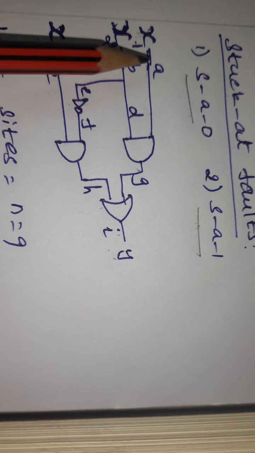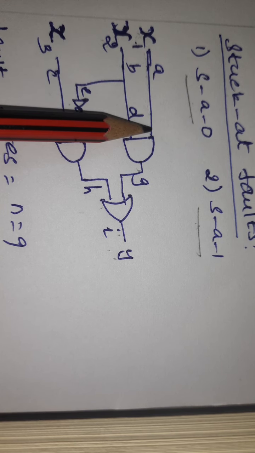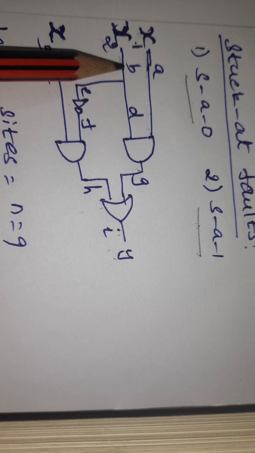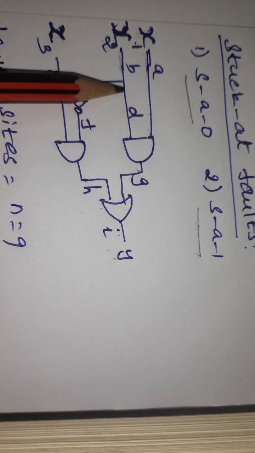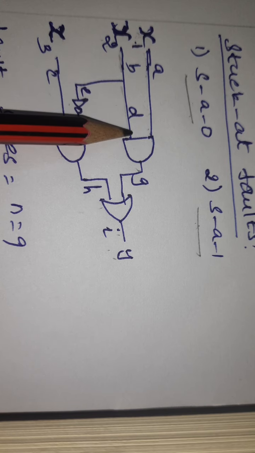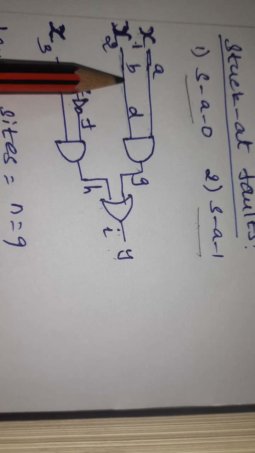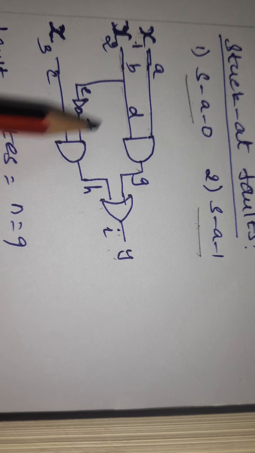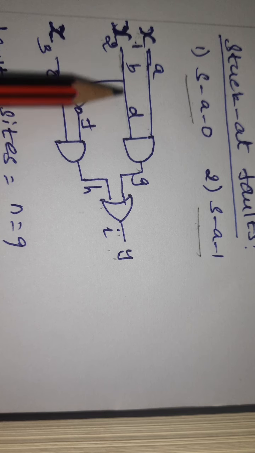This line is considered as one fault site. This point is considered as B point, named as B. This point is considered as one fault site. Then this line is also considered as another fault site. From this point, we take one branch to another gate, so here we consider 2 fault sites present in this line.